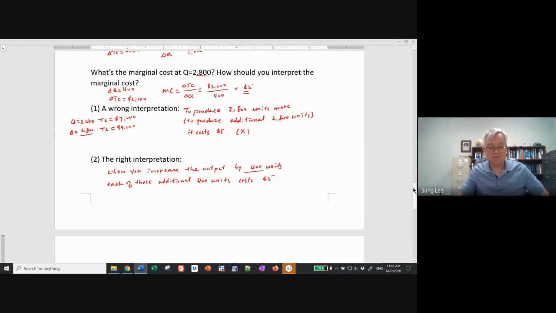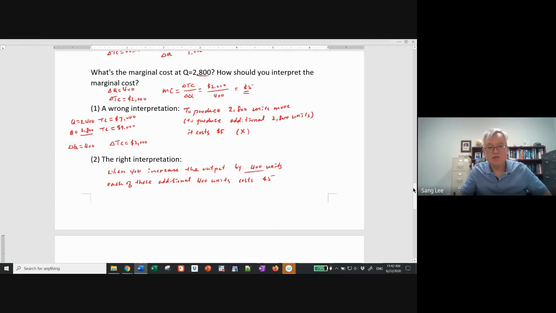That's what it means. Look here. In this example, change in quantity is 400. Change in total cost is 2,000. So you divide the change in total cost by change in quantity. That's how you got $5 here.